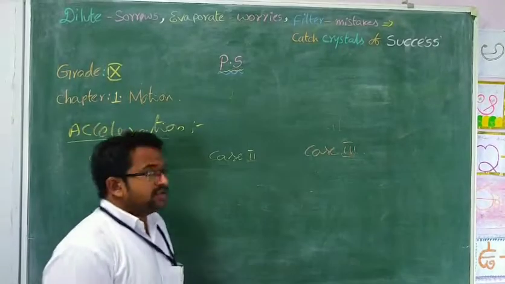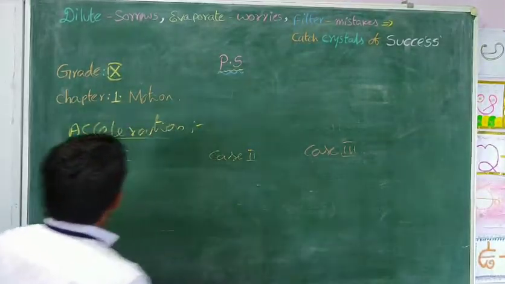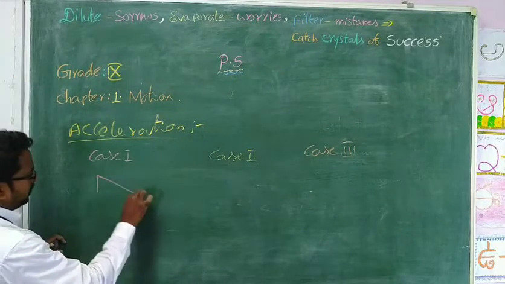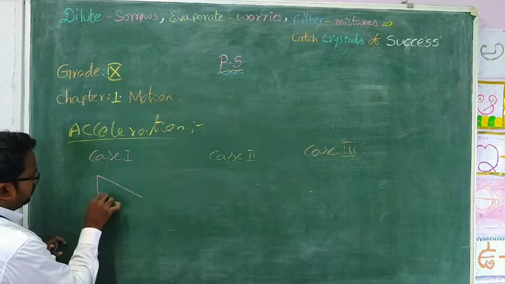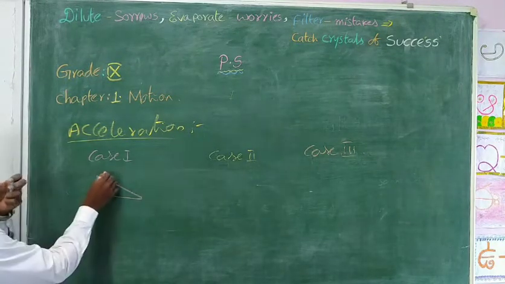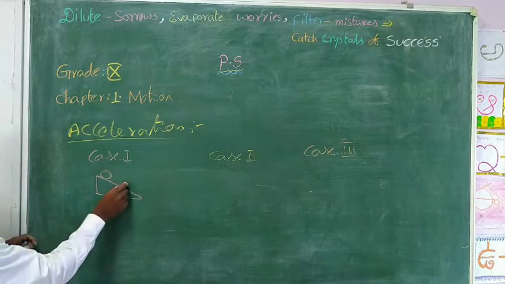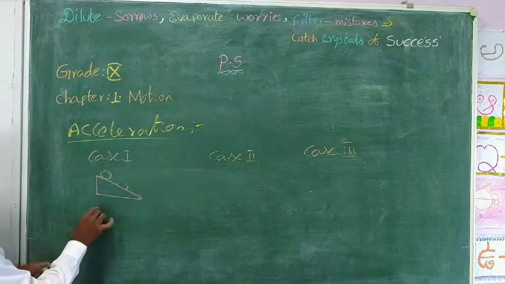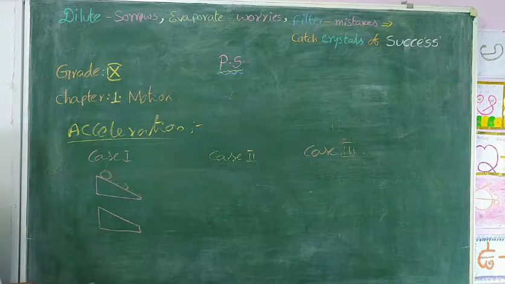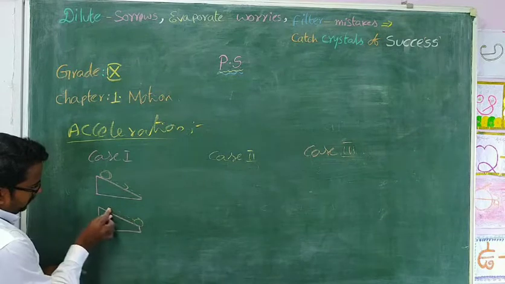Okay children, already you saw what is happening when the ball is moving like this. Here is one plane, and on the surface of this plane one ball is rolling. It's moving down in this direction, and also we send the ball up like this.